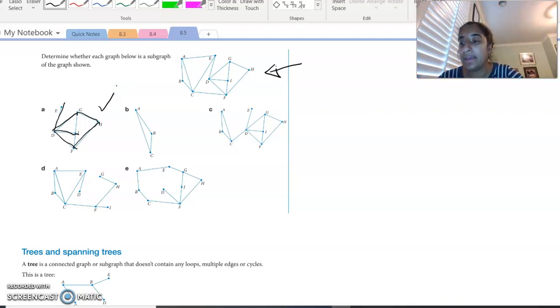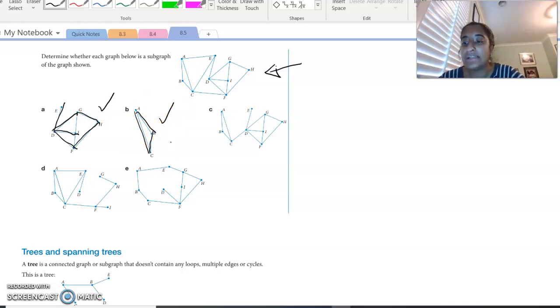If we look at part B, the points A, B, and C: A to B exists, B to C exists, and A to C exists. So yes, this is a subgraph, even though the orientation of B is slightly different, it shows the same information.